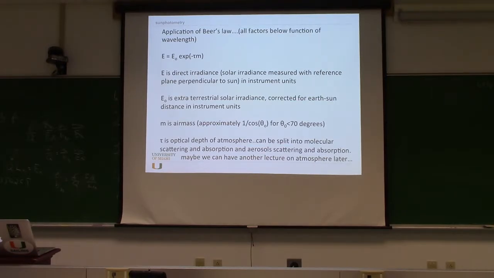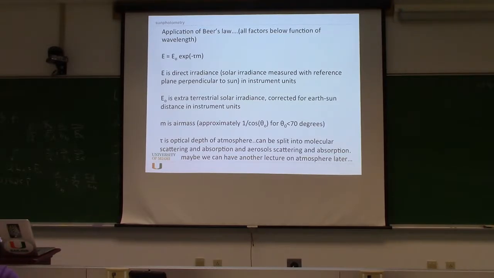Here's the sun. This is the solar zenith angle, theta 0. Light's coming in through some path length here, and you know that this distance is actually equal to 1 atmosphere, which we define as unit 1 atmosphere. This distance is 1 over cosine of the solar zenith angle, roughly.